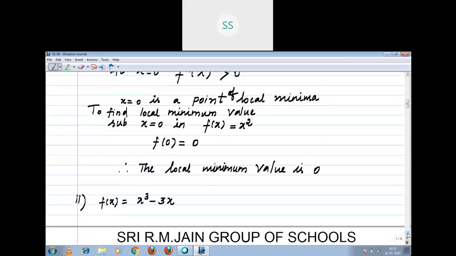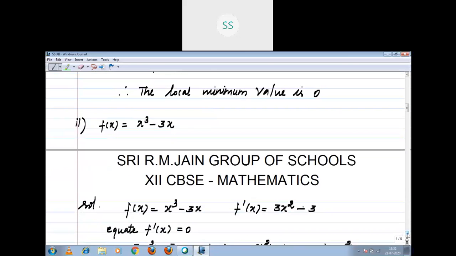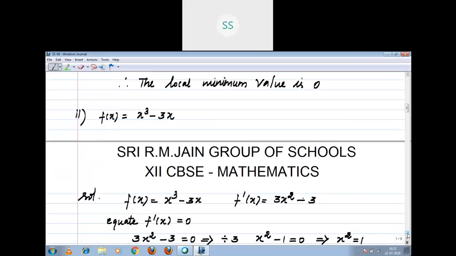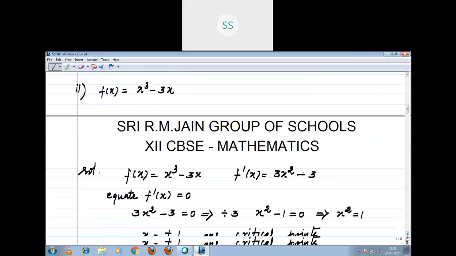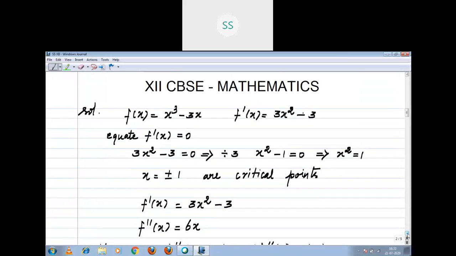See, f of x equal to x cube minus 3x. You differentiate: 3x square minus 3. The next step, you equate with 0. You arrive at the solution x as plus or minus 1. That we call critical points. Then you find the second order derivative, that is 6x. You have to substitute the x value in the second order derivative.